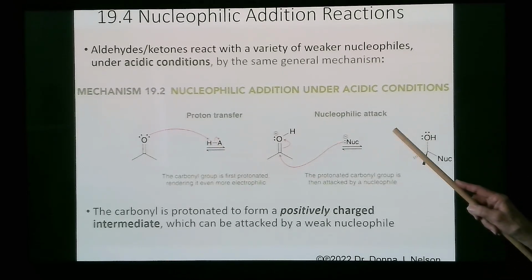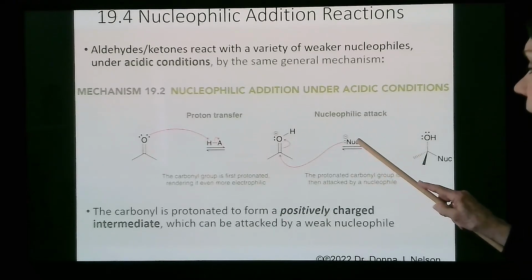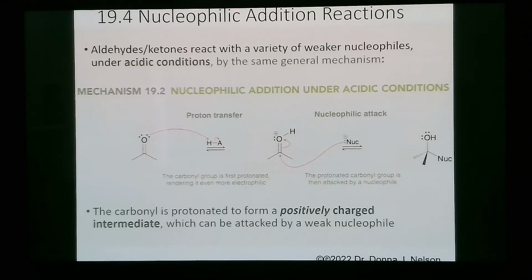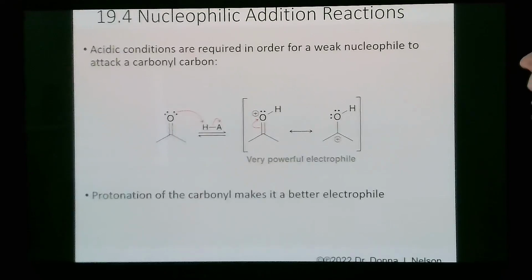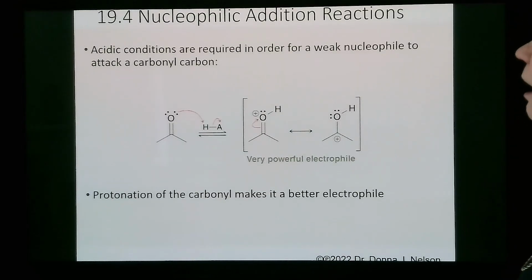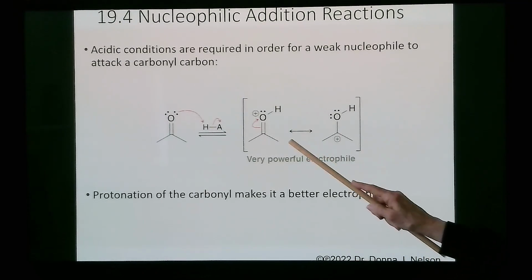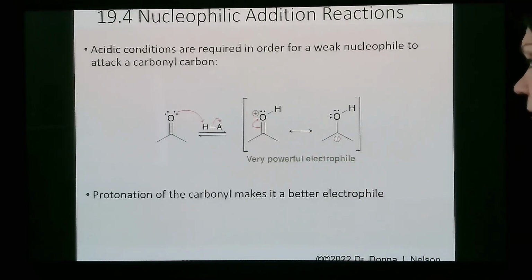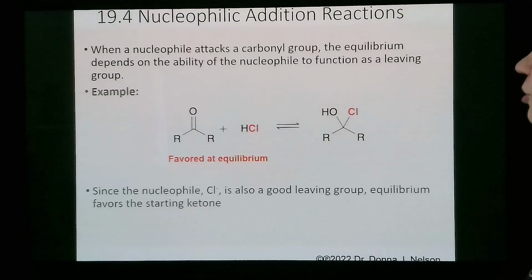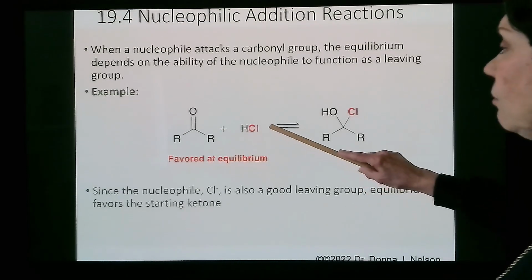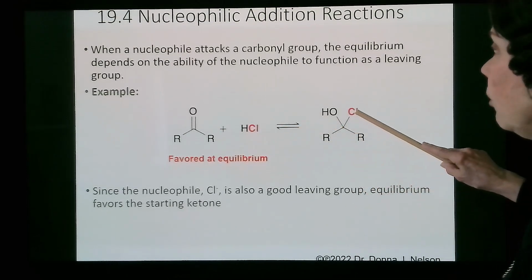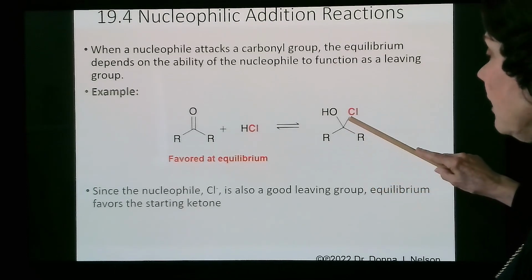So this is what needs to be done when you have a weak nucleophile. Acidic conditions are required in order to have a weak nucleophile attack the carbonyl carbon, as I just discussed. When a nucleophile attacks the carbonyl carbon, the equilibrium depends on the ability of that nucleophile, here chloride, to function as a leaving group.